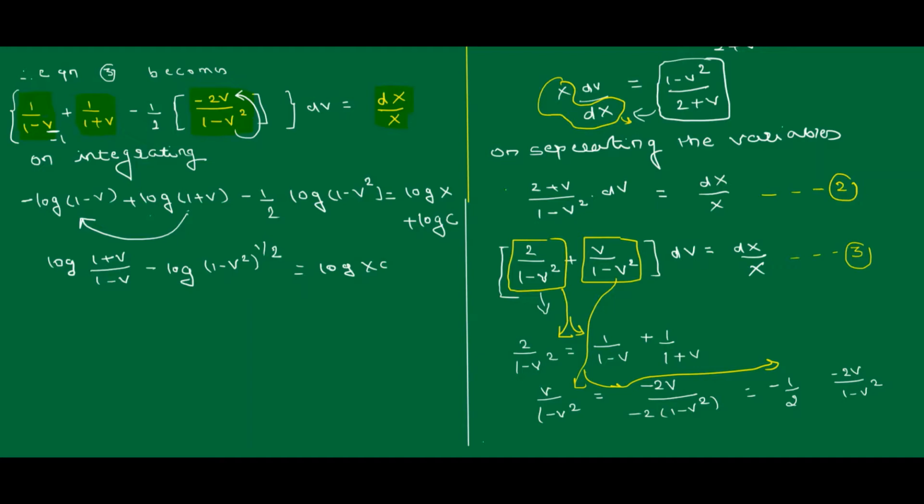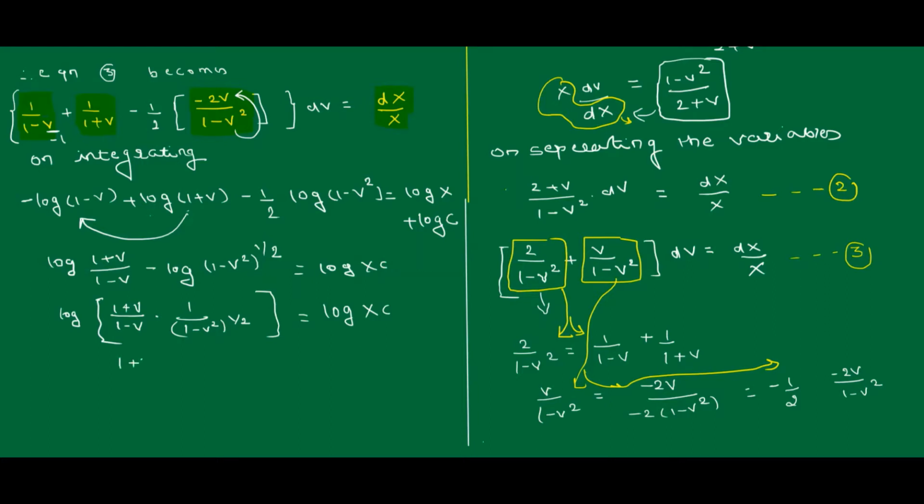And again this is equal to logarithm of 1 plus v divided by 1 minus v into 1 divided by 1 minus v square raised to 1 by 2, because log u divided by log v, by using that property we can write like this, is equal to logarithm of x into c.